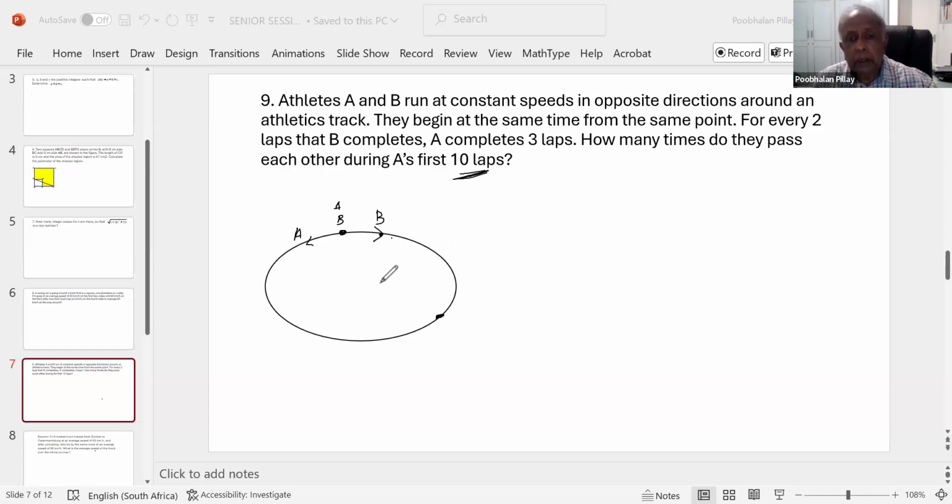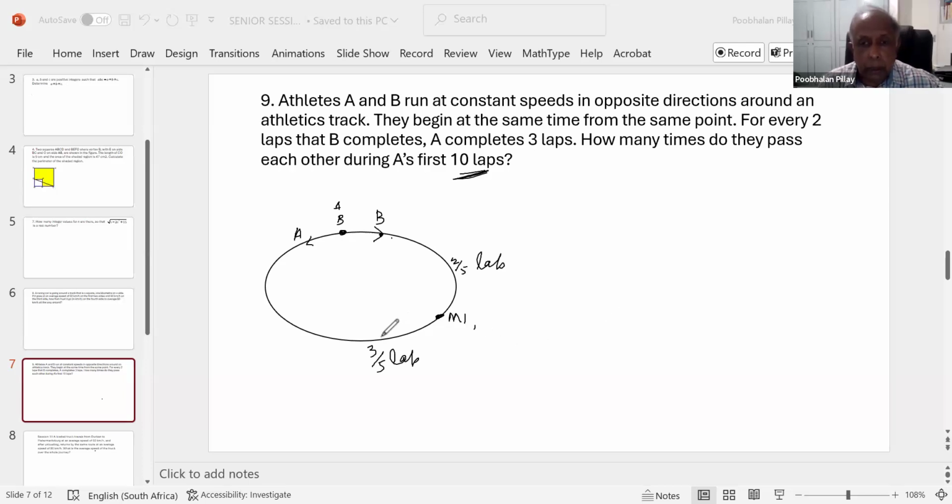A would have covered 3/5 of a lap, because A covers 3 parts and B covers 2 parts, and altogether you have 5 parts of a lap. So A covers 3/5 of a lap, while B covers 2/5 of a lap, and that is where they first meet. Let's call it meet one, the first meeting point.